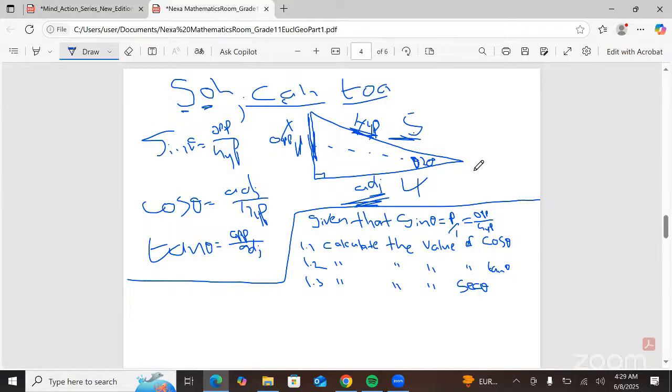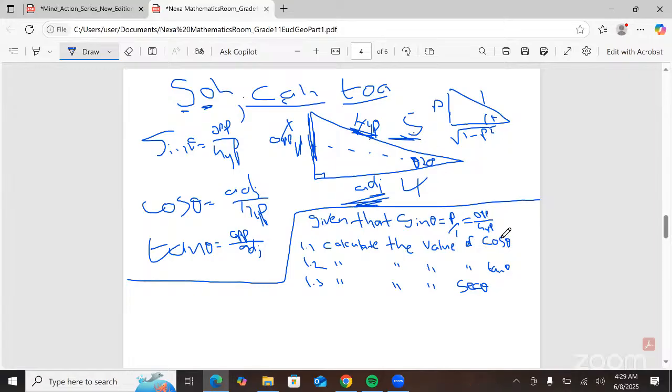Therefore we can draw your triangle anyhow. That is an angle, the opposite is P, and the hypotenuse is 1. Therefore this side will be the square root of 1 minus P squared, using Pythagoras theorem, right?